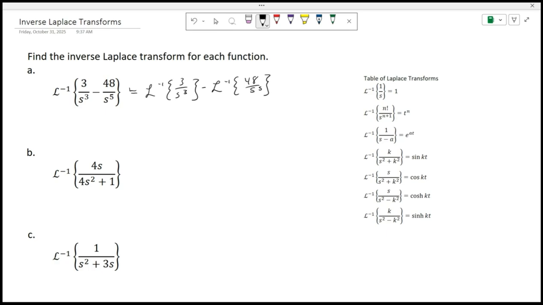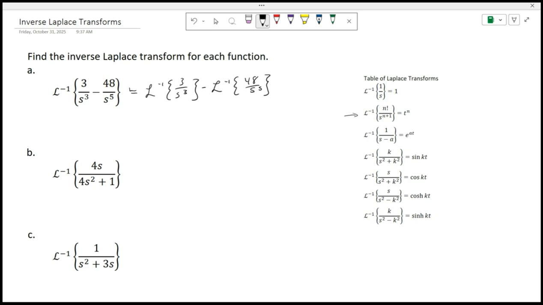Now, both of these are a constant over a power of s, and so that looks like our second formula over here from the inverse Laplace table, where I have n factorial over s to the n plus 1, and if I take the inverse Laplace of that, I get t to the n.